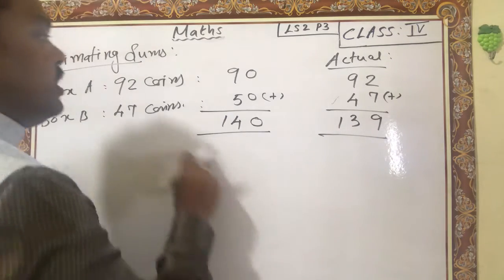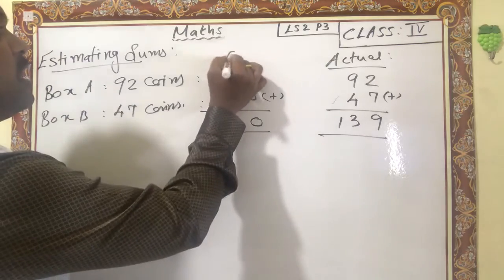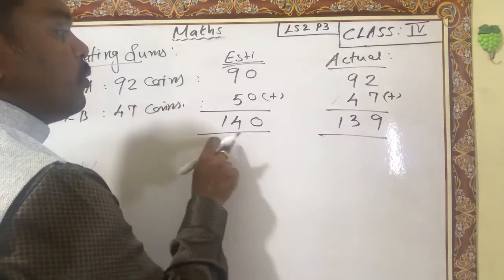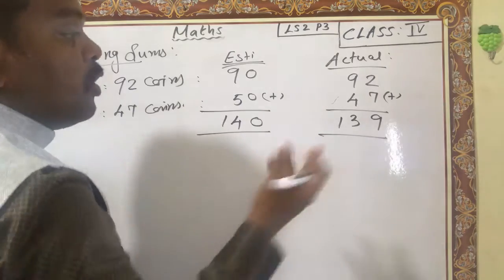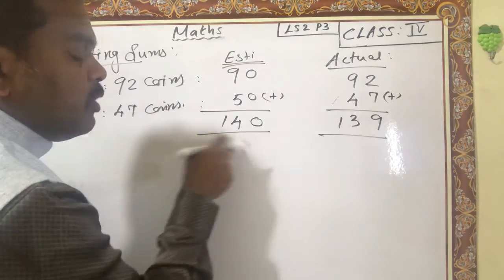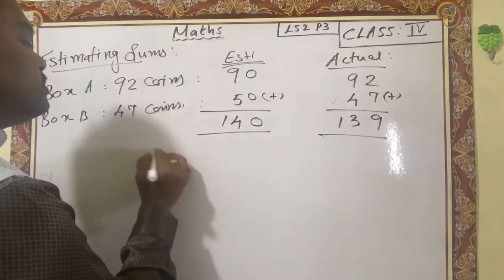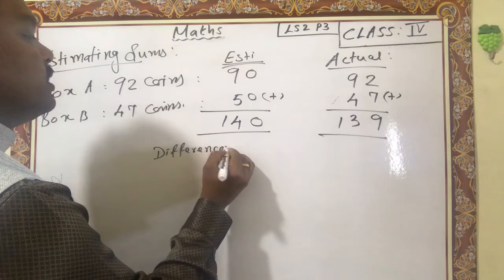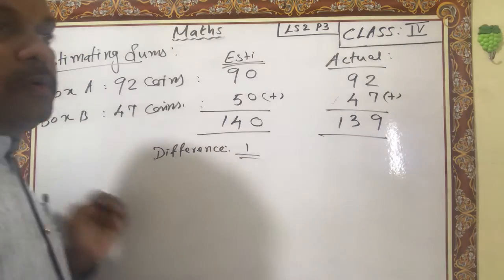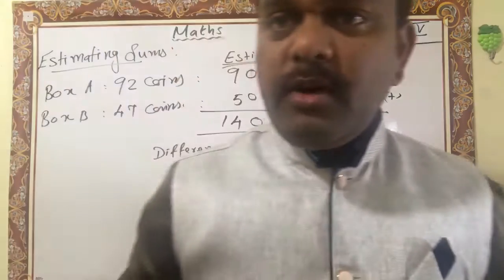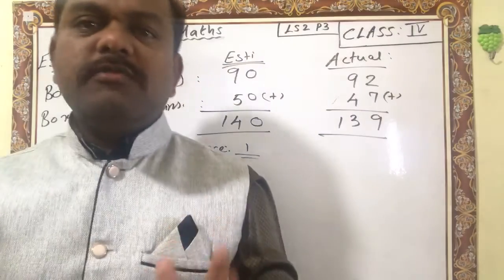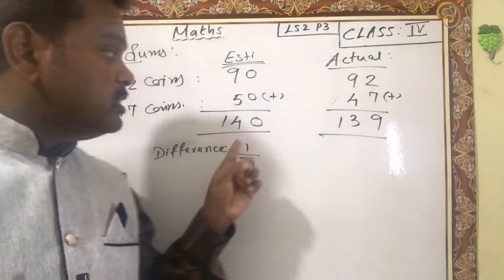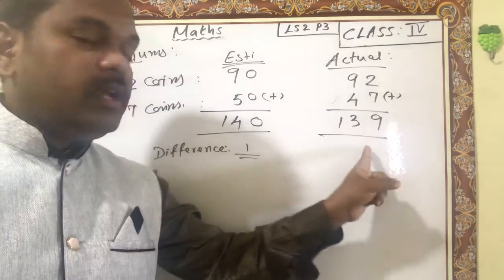So the difference between the estimated addition and the actual addition is 140 and 139. What is the difference between 139 and 140? Difference is 1. This is very easy, same like our normal addition, but two additions you have to do: one estimated addition, another one actual addition.